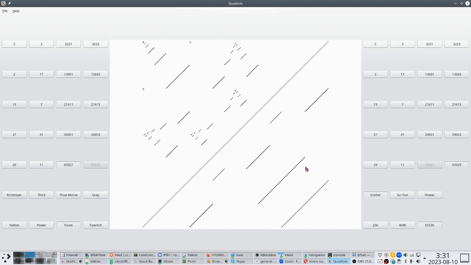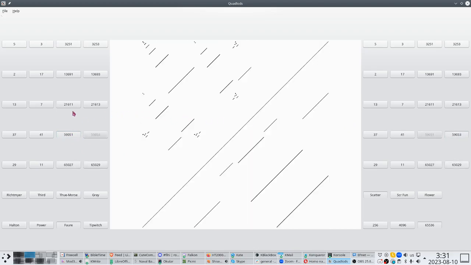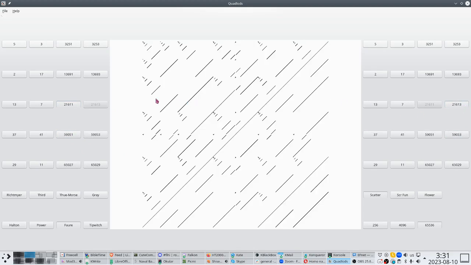So this is what the scatter plot of 65,027 versus 65,029 fully scrambled looks like. A bunch of diagonal lines. Not very good coverage. And similarly for the other pairs of twin primes, they all look like bunches of diagonal lines.